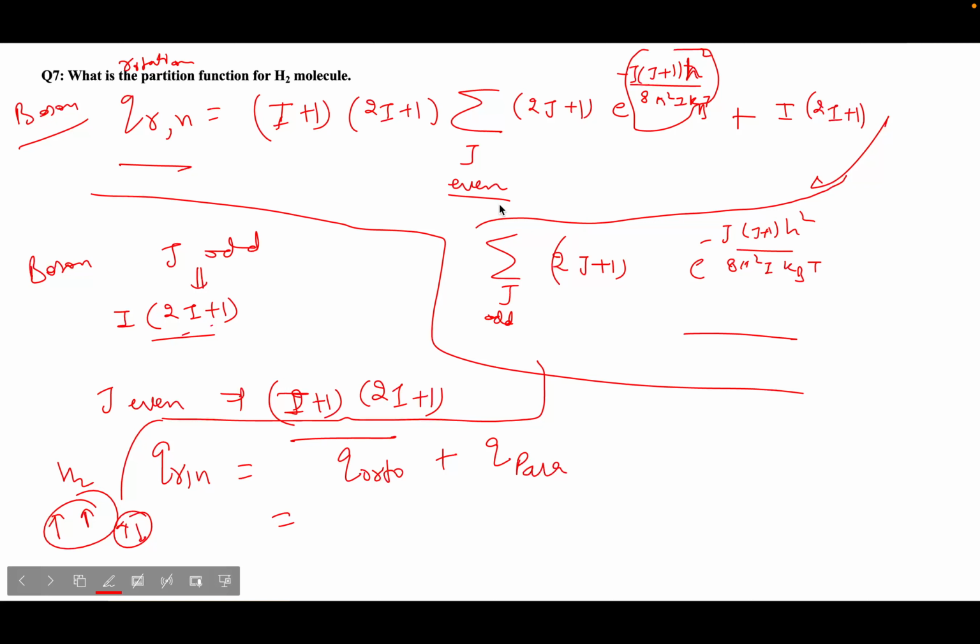For ortho j is odd. We have just in the beginning I just told that for I is equal to 0, j is odd. So for I is equal to 0, this is the one, 2j plus 1.